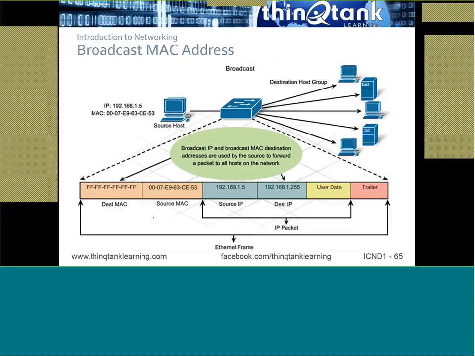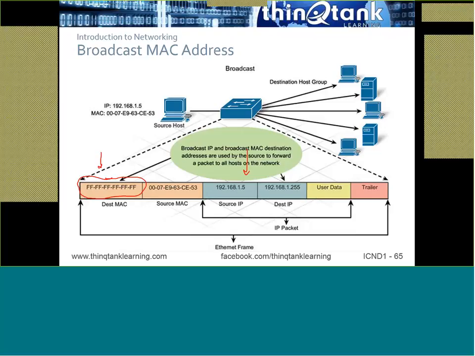Okay? Or we can communicate with broadcasts. There's only one broadcast address that exists at layer 2, and it's the all Fs address. Whenever you see all Fs, that means that this traffic gets flooded. Now, does that mean it goes to a router? No. In fact, even though it's broadcast at layer 2, doesn't mean it's broadcast at layer 3. In fact, in this case, it's unicast at layer 3, but broadcast at layer 2.